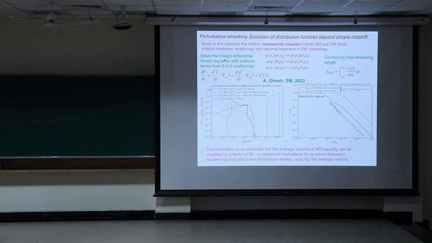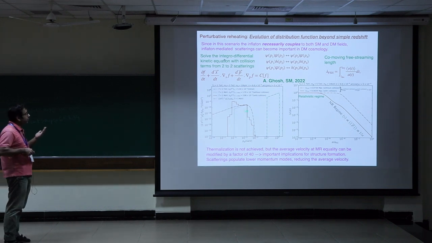It's not a thermal distribution function, but there is an attempt towards thermalization. So what happens is that lower momentum modes start getting filled up through these collisions. The thermal distribution is this black one. Now, the important effect of these collisions is that because the lower momentum modes are getting populated, the average dark matter velocity at late epochs gets reduced.